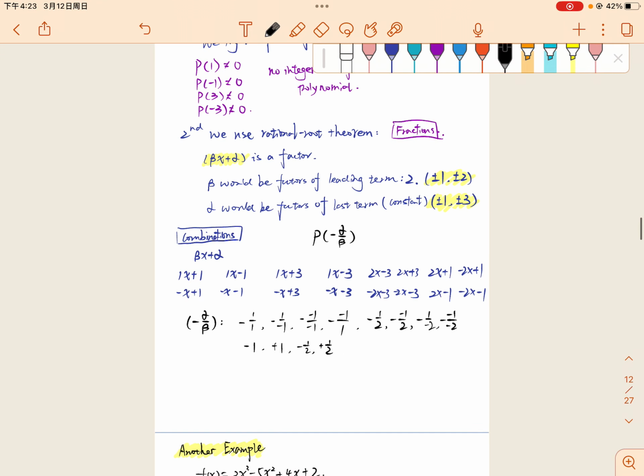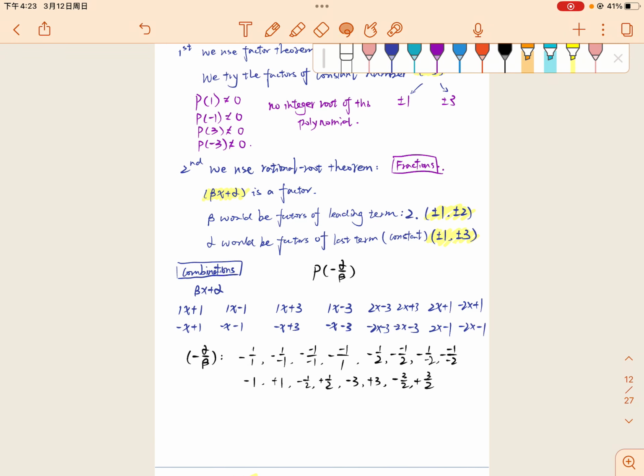And similarly, we try for 3, which gives us either negative 3 or positive 3, or negative 3 over 2 or positive 3 over 2. Right, so in the end, I will only have these choices over here. And because we already tried the integers 1 and 3, they are crossed out. That gives us only 4 choices here.